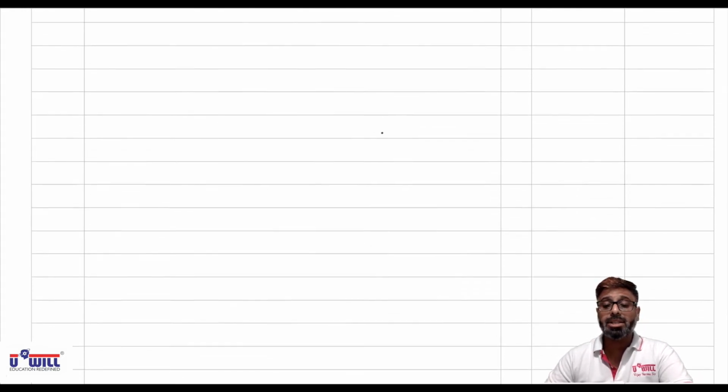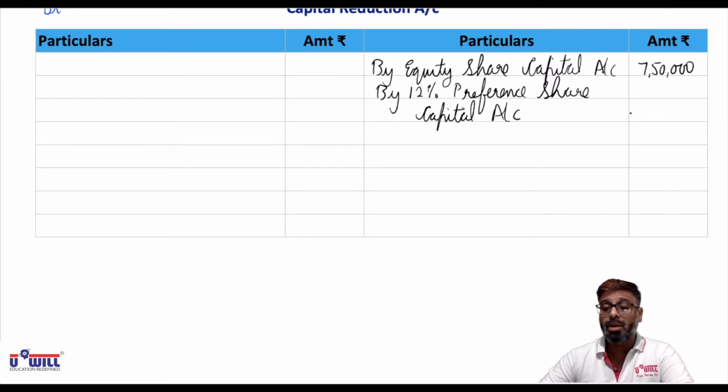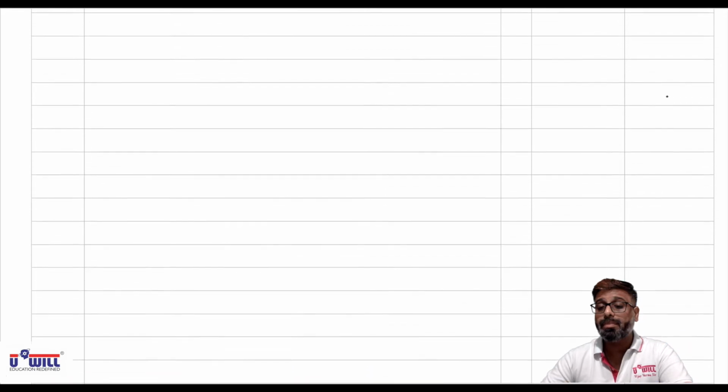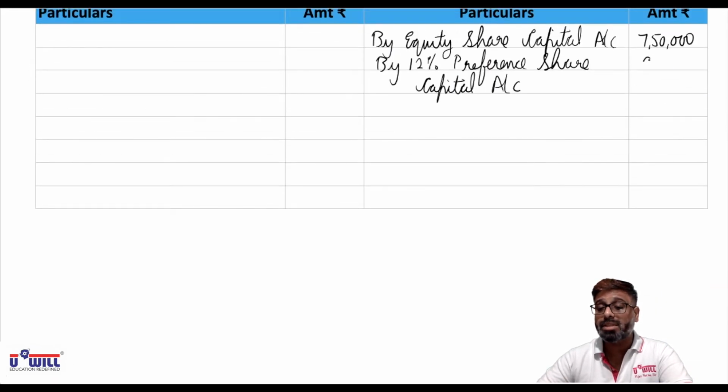To capital reduction, so capital reduction on the credit side by 12% preference share capital account, and the amount will be 2 lakhs. Okay, by 12% preference share capital account, amount 2 lakhs.